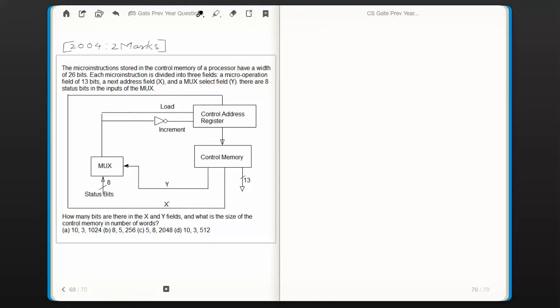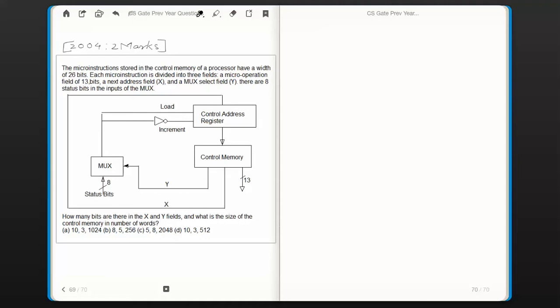So we need to find out the width of the X and Y fields, and also the number of words contained in the control memory. Each word in this control memory contains 3 parts: a micro operation of 13 bits, a next address field X, and a mux select field Y. The width of each micro instruction in total is 26 bits.